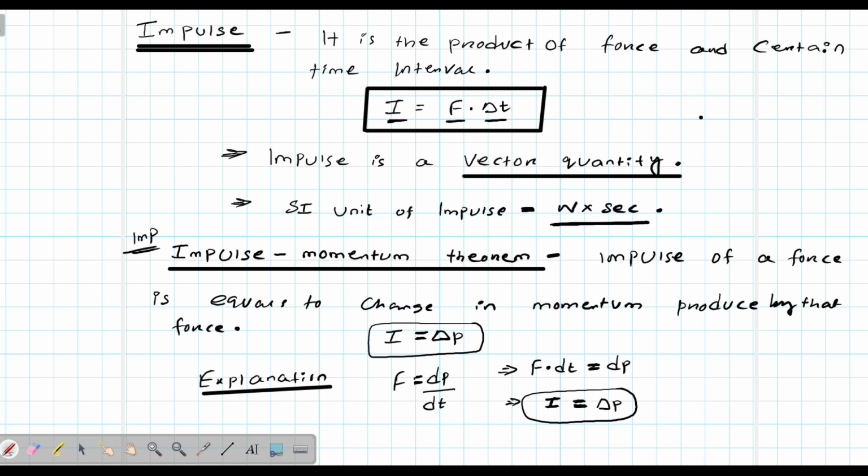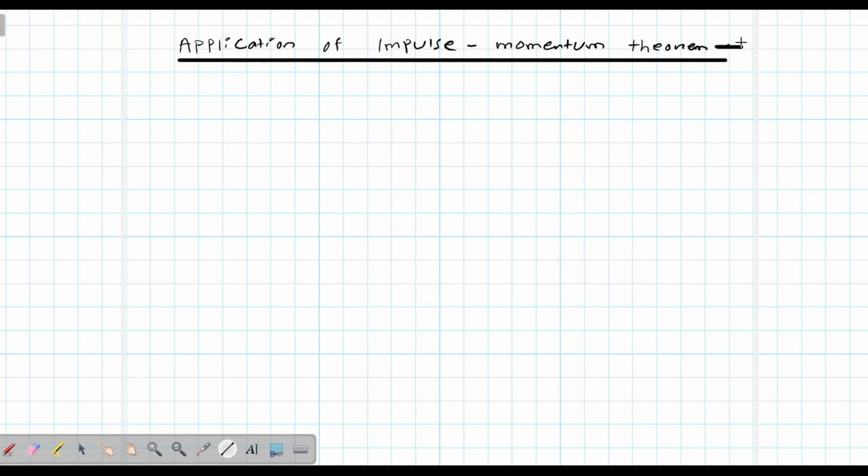So next is application of impulse momentum theorem. So what are the applications of impulse momentum theorem?